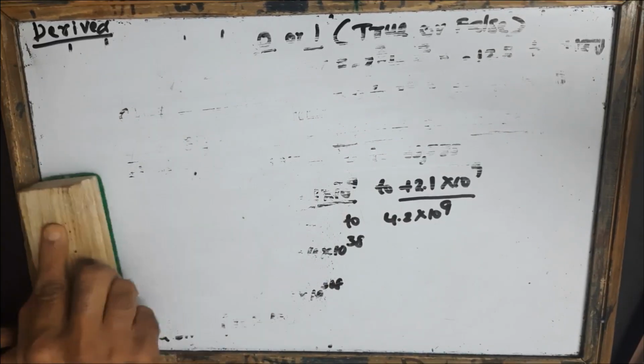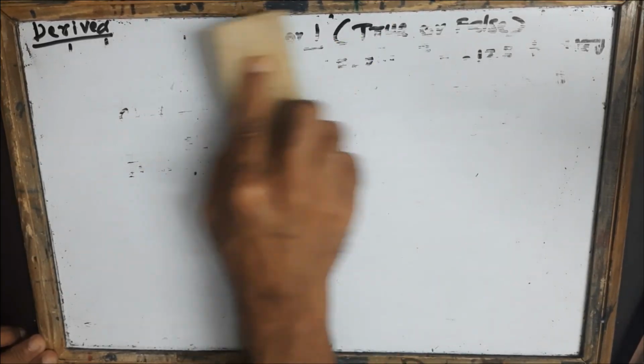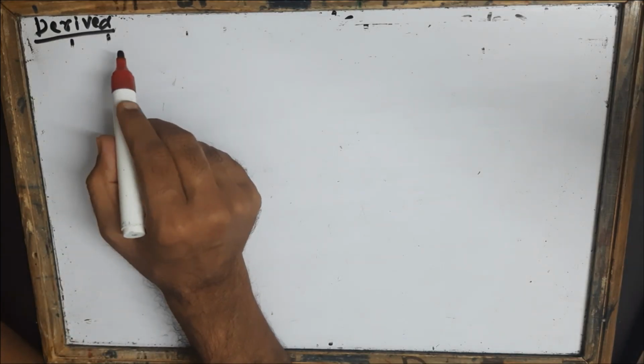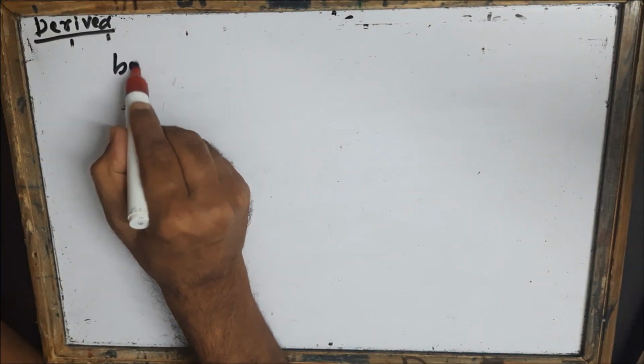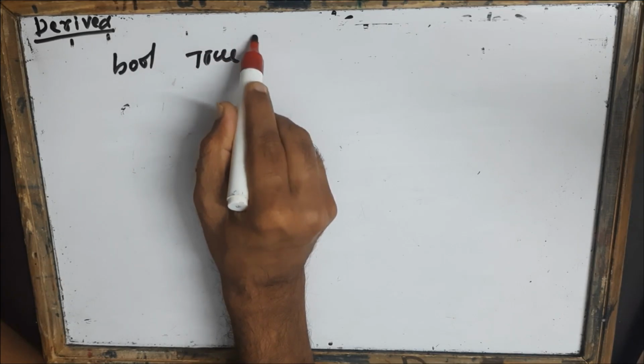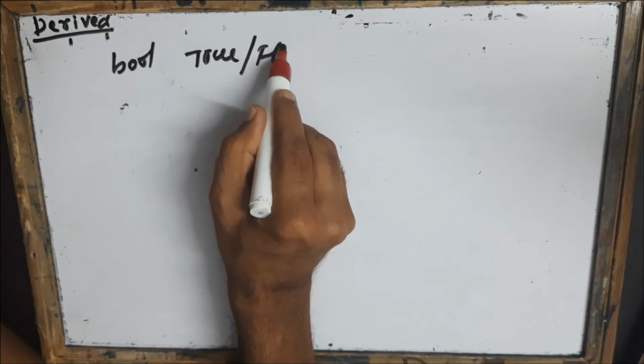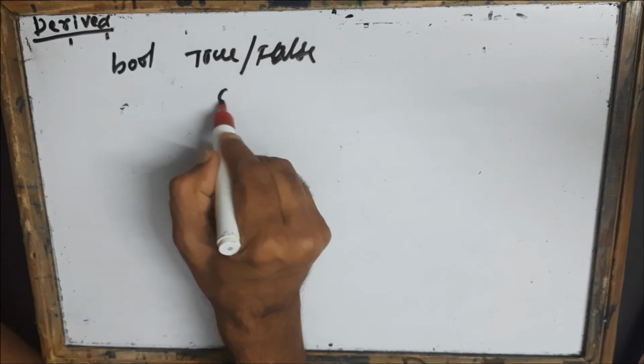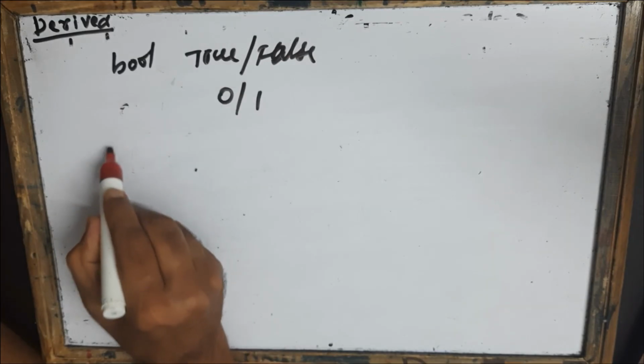Now we will try to understand when we can use these data types. We already understand that for the bool, when there is a true or false, the range would be 0 or 1, then we use bool.